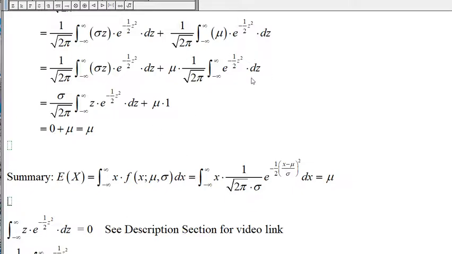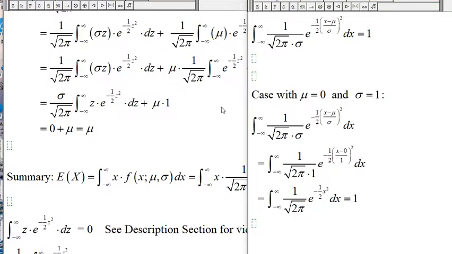And now let's look at this integral right here. This is equal to 1. In an earlier video, we have shown that the integral from negative infinity to positive infinity with the integrand of 1 over the square root of 2 pi times sigma times e to the negative 1/2 x minus mu over sigma squared is equal to 1.